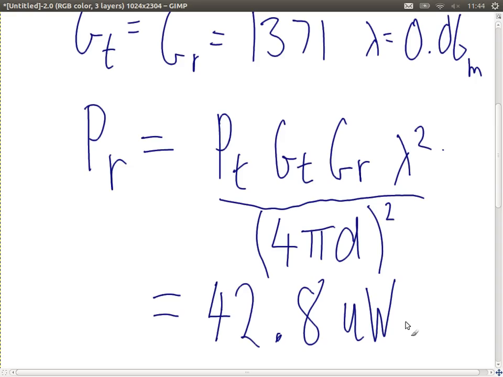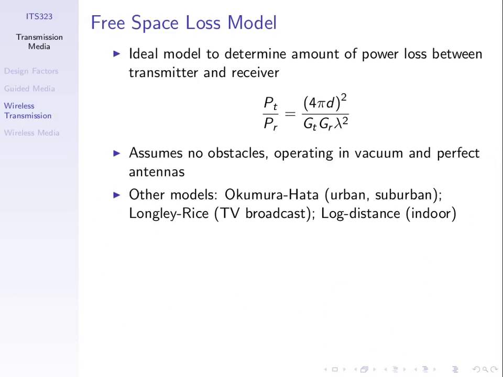So the example was a simple application of this free space path loss model, which tells us how much power we lose if we're operating in free space, in a vacuum. No obstacles, perfect antennas.